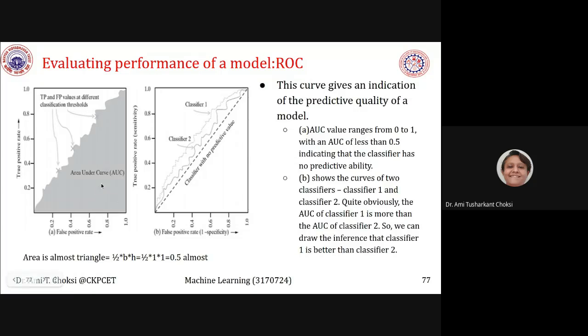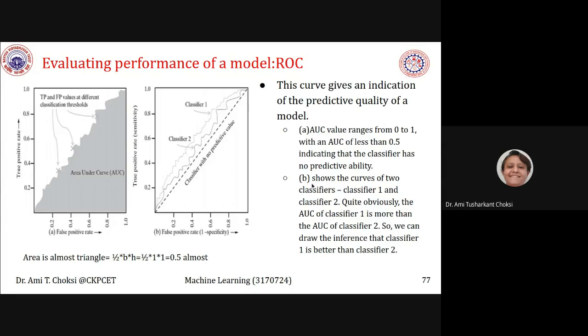If the area under the curve is less than 0.5, it indicates the classifier has no predictive ability. If it is less than 0.5, or in the range of 0.5 to 0.6, we can say it has almost no predictivity, right?